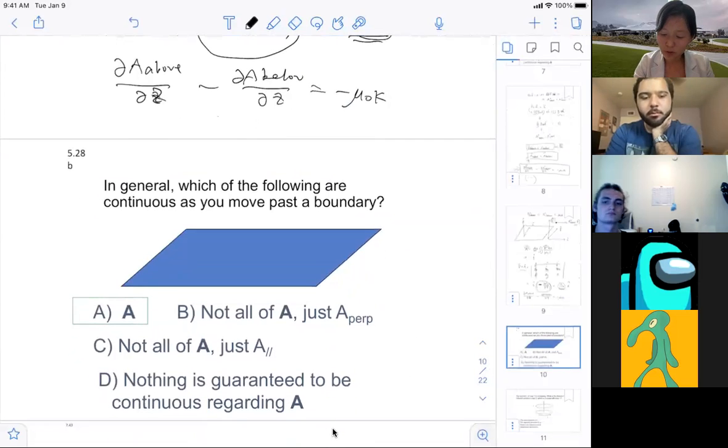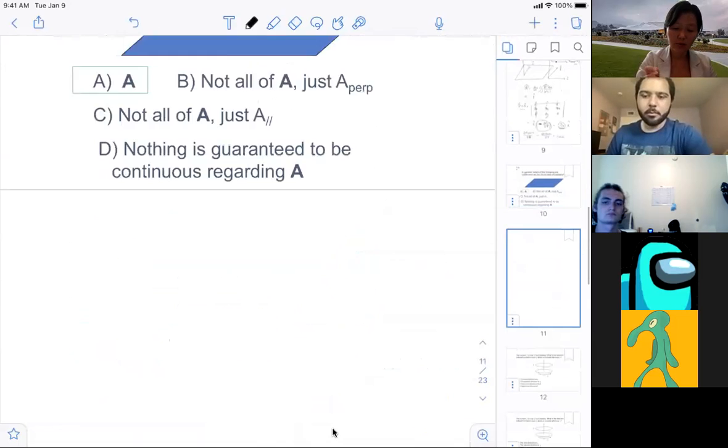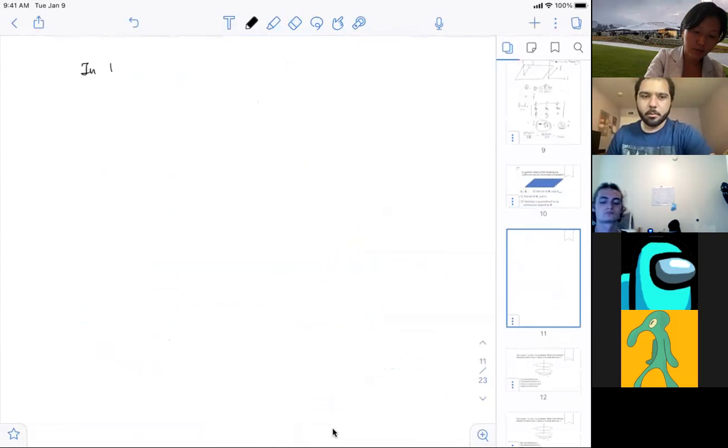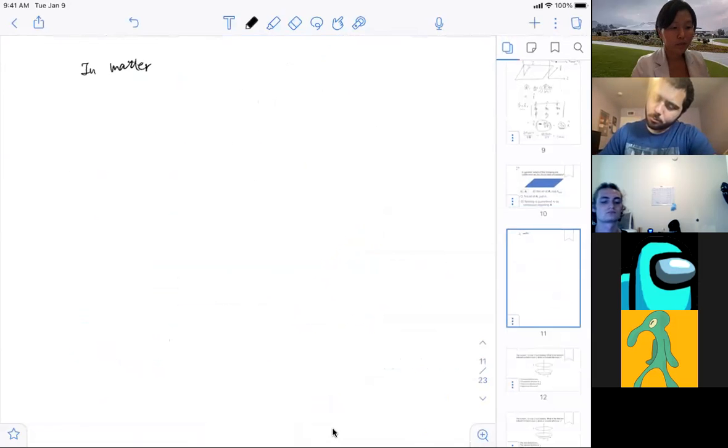So before we do further questions, I want to continue with our review. We had E&M in matter. So now in matter, previously you had polarization. Here we have magnetization.